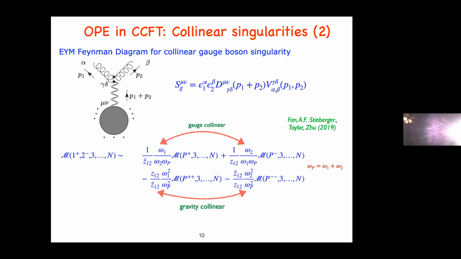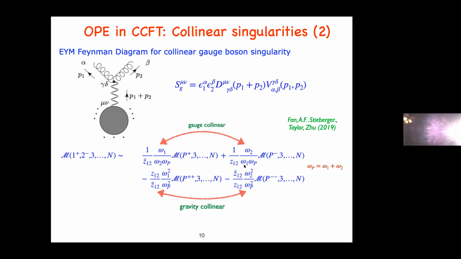Similar diagrams appear when two gluons become collinear and exchange a gluon, so two gluons fuse into another gluon. You get singularities that are actually stronger. They go as 1 over z bar or 1 over z. In particular, you can see also that these factors that involve the energy can become divergent if one of the energies becomes soft.